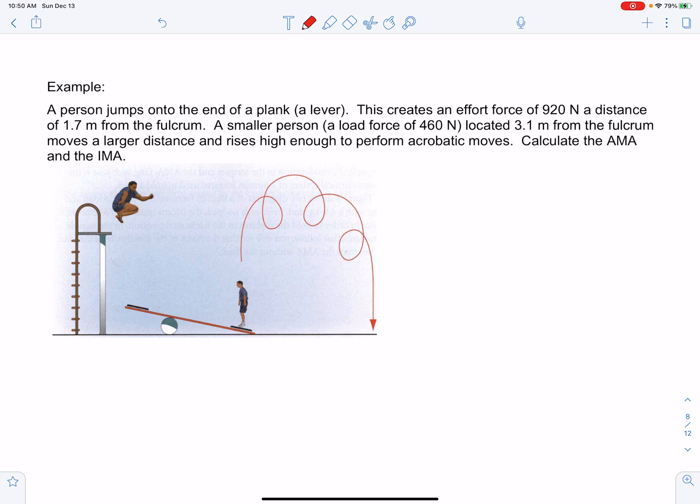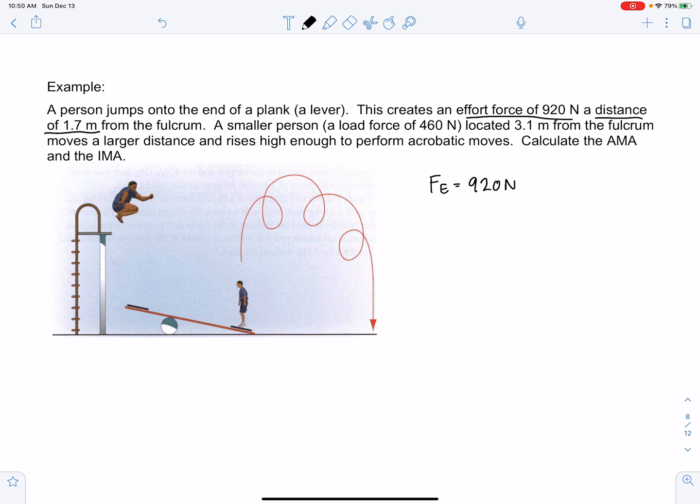When tackling a question like this that has a lot of information and several parts, it's important to clearly list everything that is given in the equation. So let's start. First, we're given an effort force of 920 newtons. And a distance of 1.7 meters from the plank.